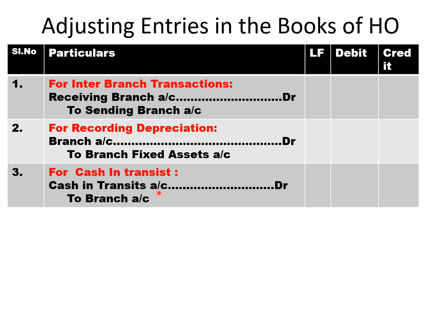It has reached after 31st March, maybe received on 5th April. So as on the closing date of books of accounts, the cash is not received by the head office, so it's on the way. So what's the journal entry for cash in transit? Cash in transit account debit to branch account.